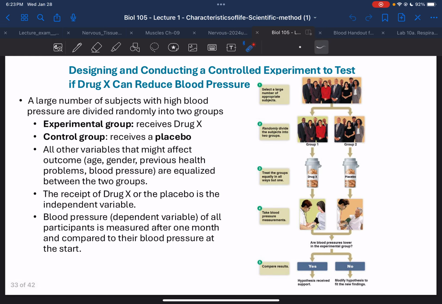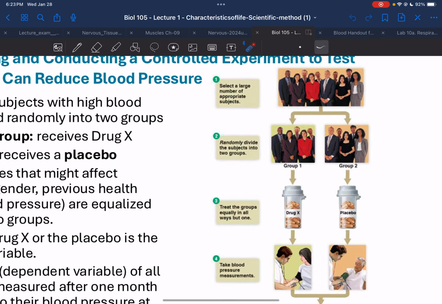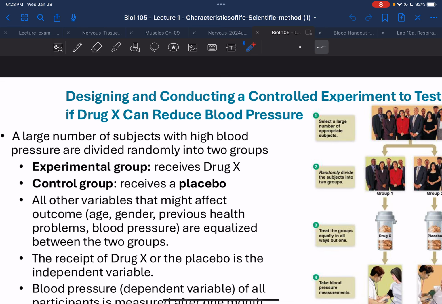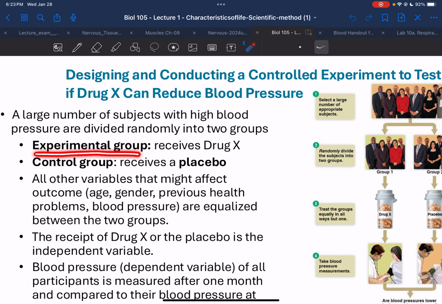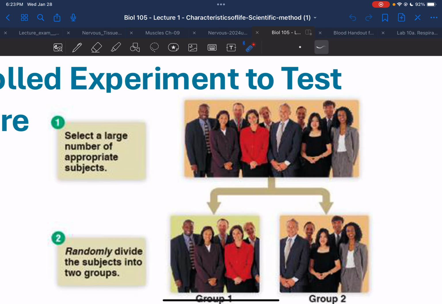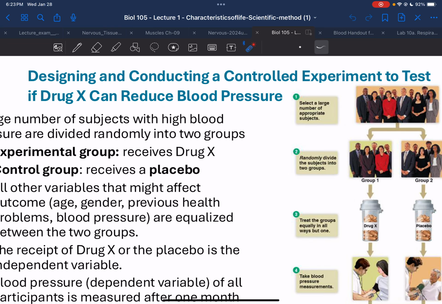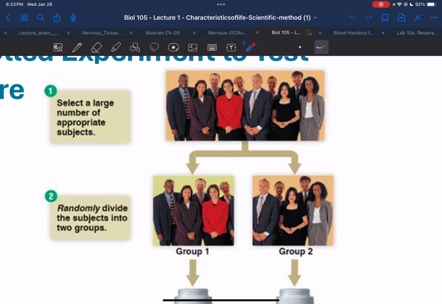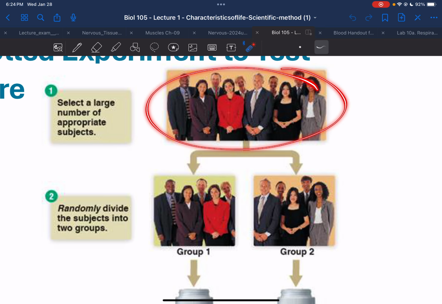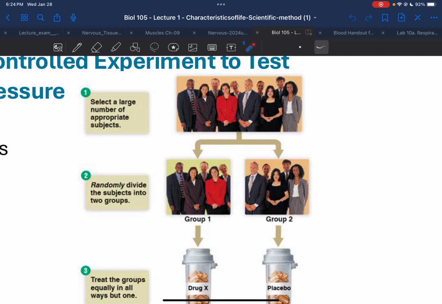And in any good experiment, some concepts that are important, and we don't have to rely too much on the text here, is what an experimental group and a control group are. So when looking at this photo, you get a bunch of volunteers. You found what you think is a drug that can reduce blood pressure. And so what you do is you divide your subjects into two equal parties.